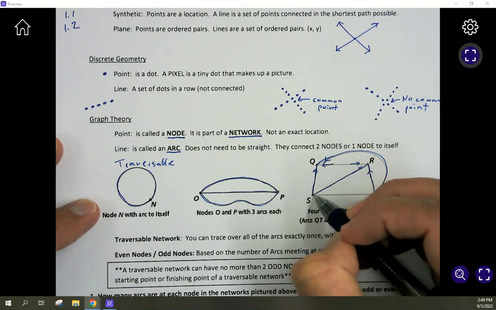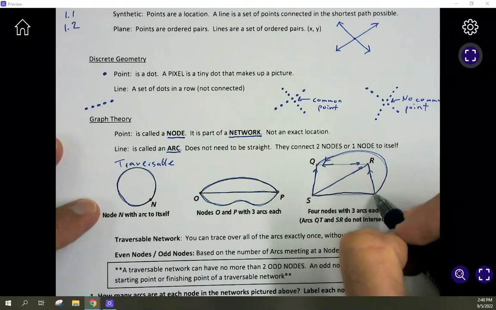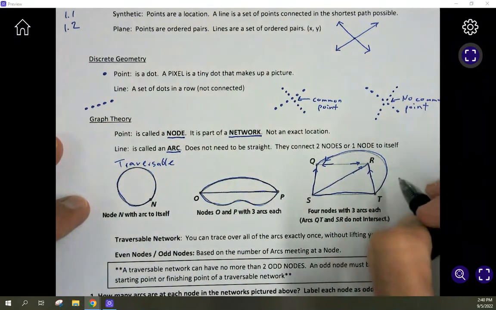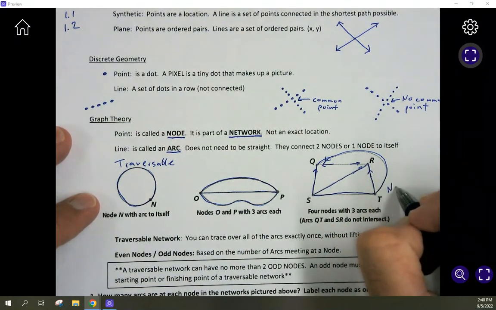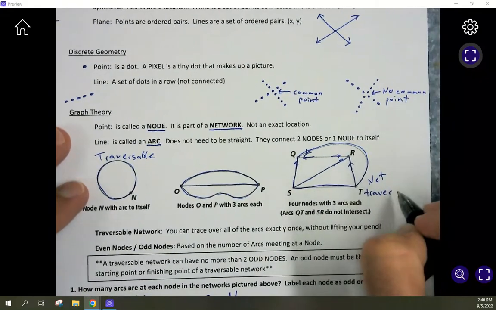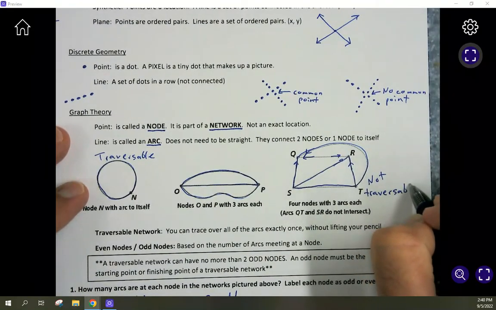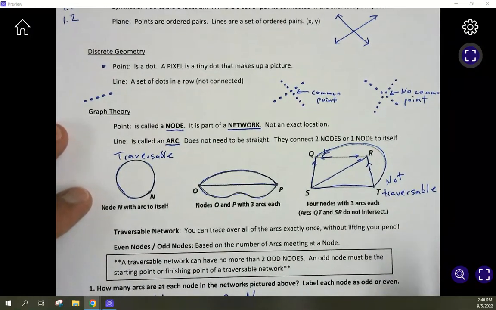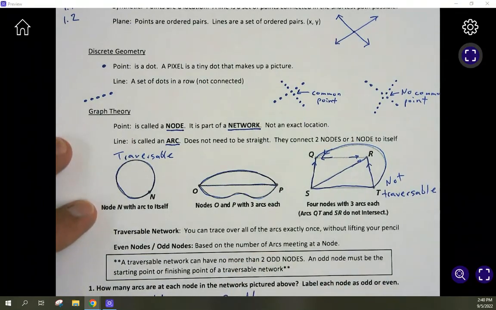I can't go across. I've already done that. I can go this way, but again, now I'm stuck and I haven't been able to trace this. And so this is not traversable. I cannot trace all of the arcs exactly once without lifting my pen or my pencil. We're going to come back to this point over here in just a second.